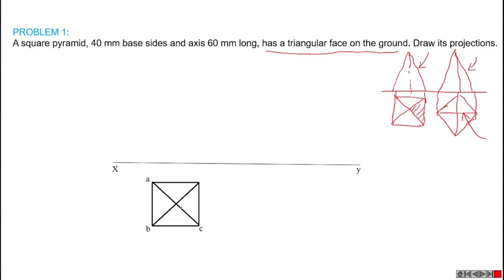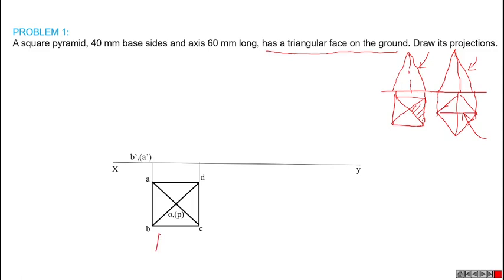Then we can name it A, B, C, D like this. Then O and P, this particular axis point. Then if we project this A and B base to the XY line, and C and D also to the XY line, we can name this particular point as b dash in bracket a dash.